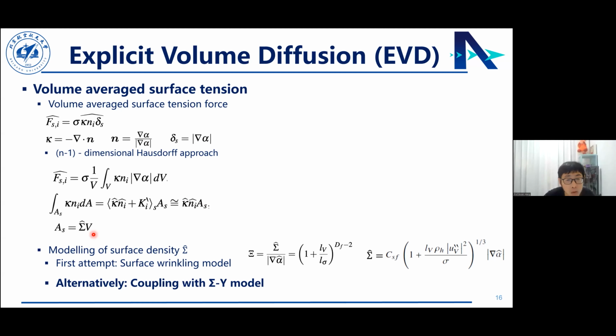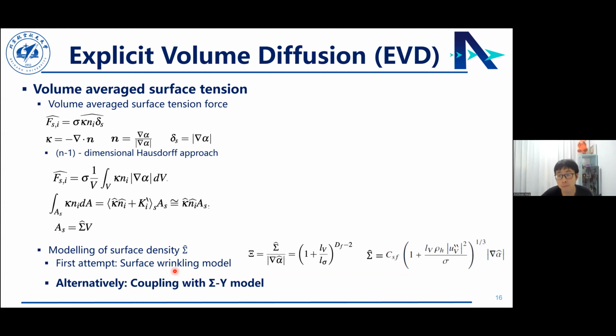And how to model the surface density? We brought the concept from the well-known premixed flame combustion modeling and the surface wrinkling model. We use the surface fractal dimension concept to model it as a first attempt.